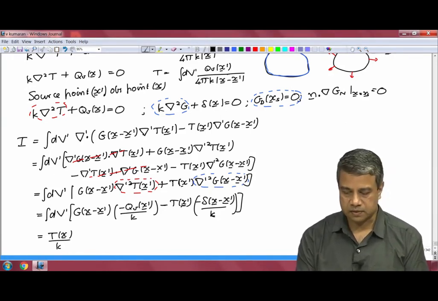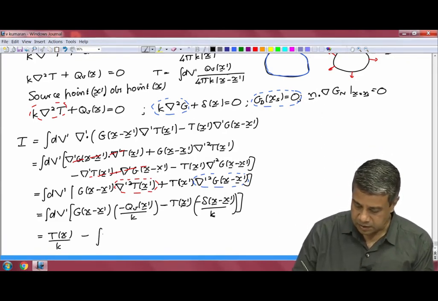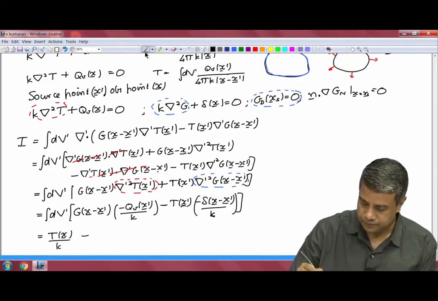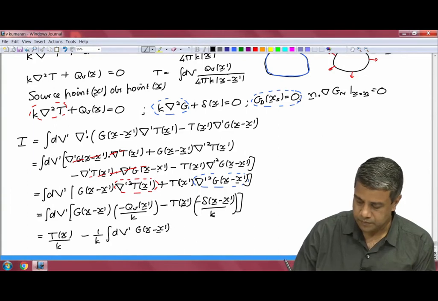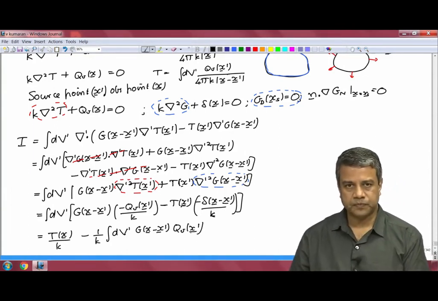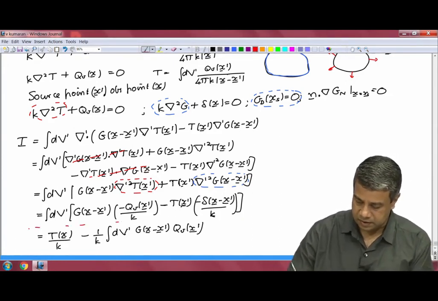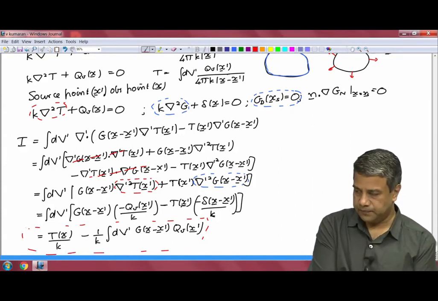So, that is just equal to t of x minus the integral, I take the k outside. So, this is one simplification of this integral I.